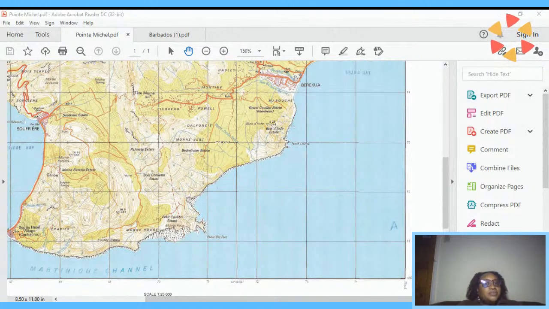So what I'm going to do, I'm going to go through drainage so that you can answer this question. So let us look at the influence of relief on drainage. And then we're going to go back to the map.